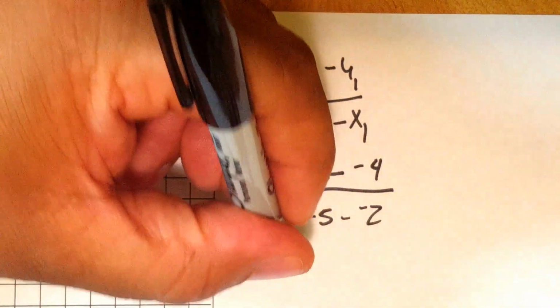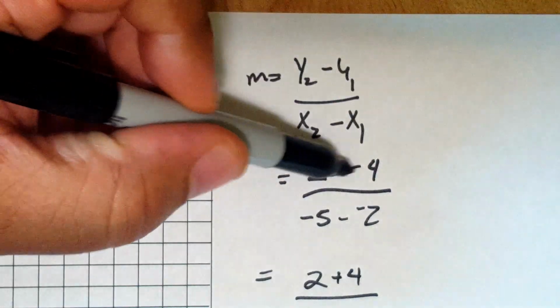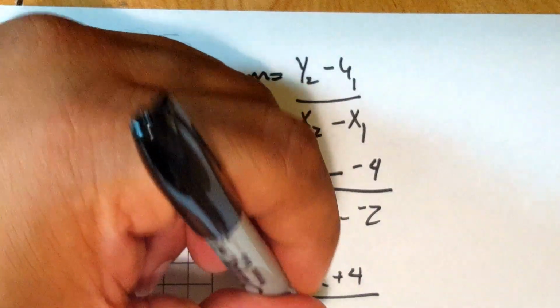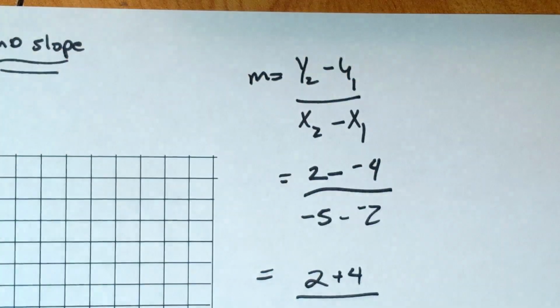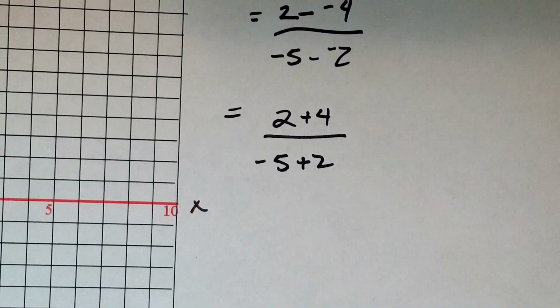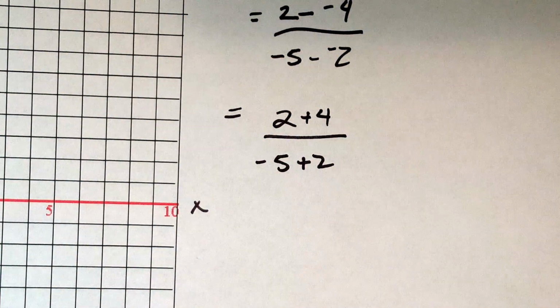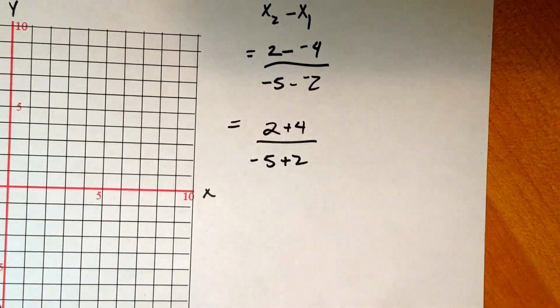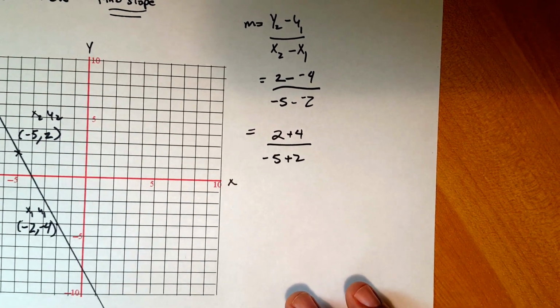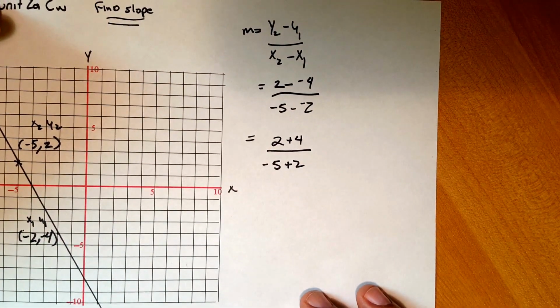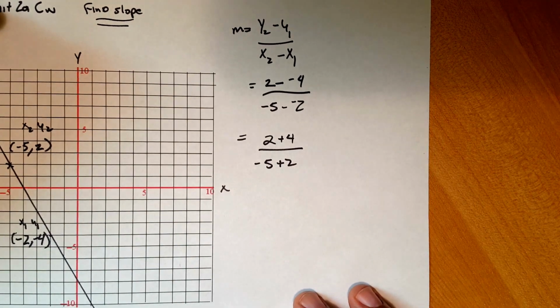The reason why we can't do that is that essentially those negative signs right here end up canceling out, and we end up with that problem. So make sure that as you're doing this, you are taking account and copying down your coordinates accurately.